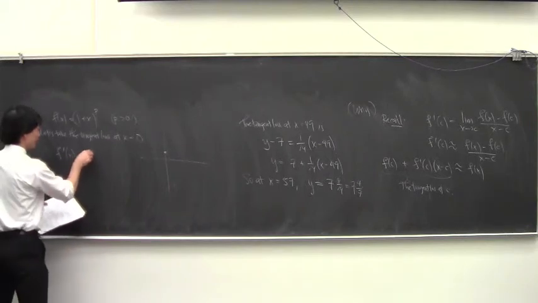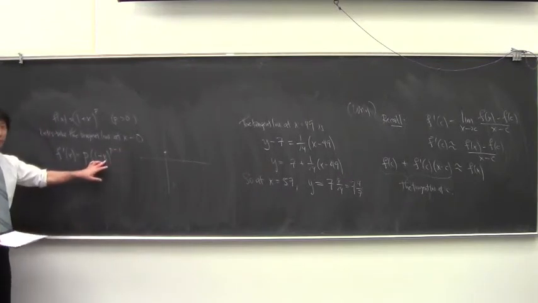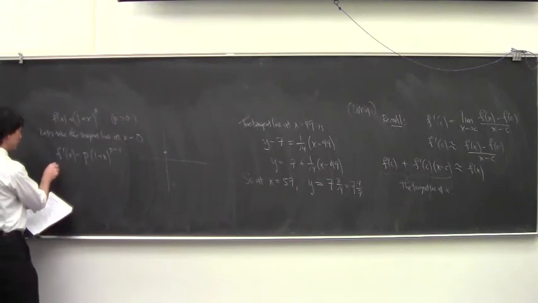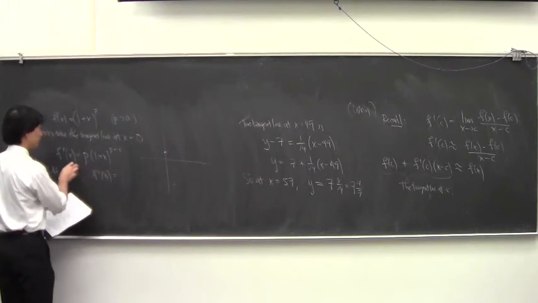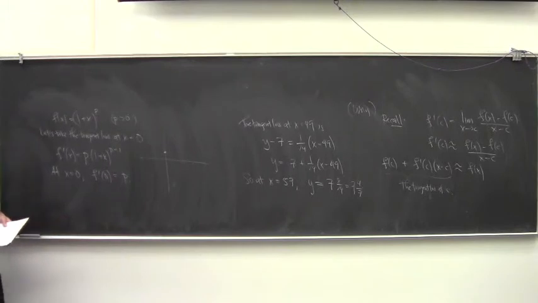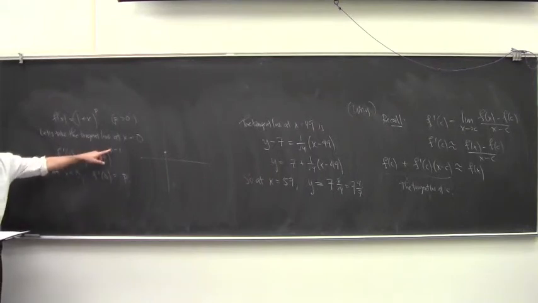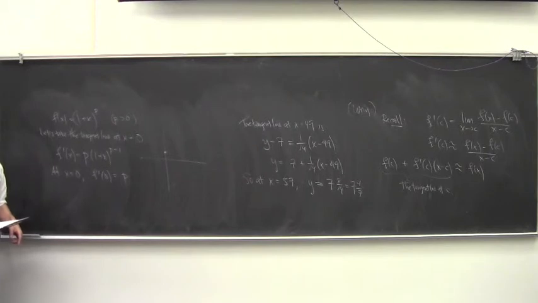It's too easy. p times (1 plus x) to the p minus 1, times the derivative of the inside, which is 1. So at x equals 0, f prime is just p, because we put in a 0 here and get p times 1 to some power, which is just 1.